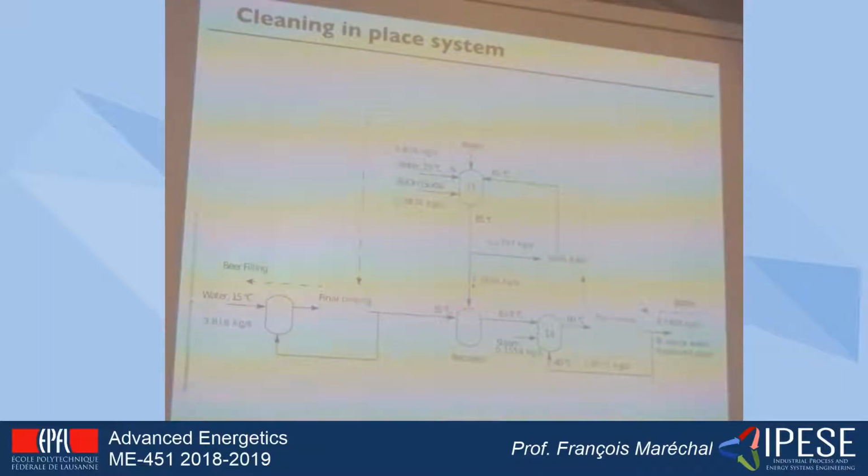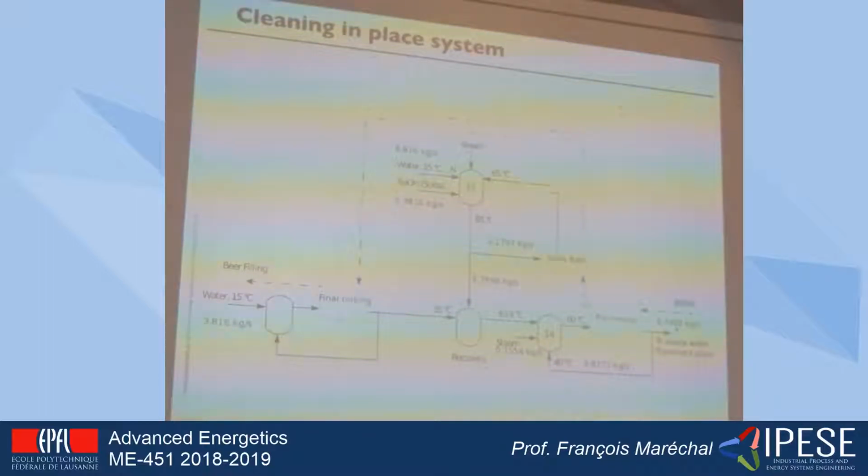Okay, so you can see that the water that is coming here is going to be dirty because it's mixed with the clean water and the dirty water here, so it's diluted. And then what we do is that there is a recovery here so that we minimize the amount of water that goes to the wastewater treatment plant, and therefore the amount of water that I have to put in the system.